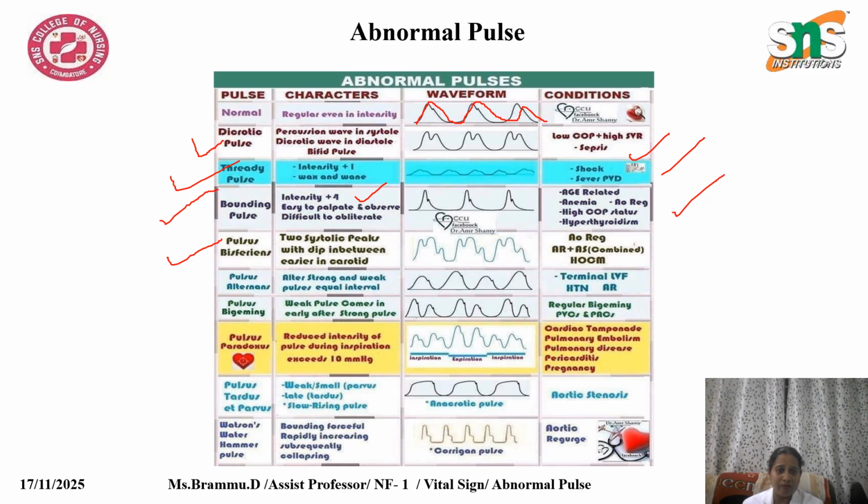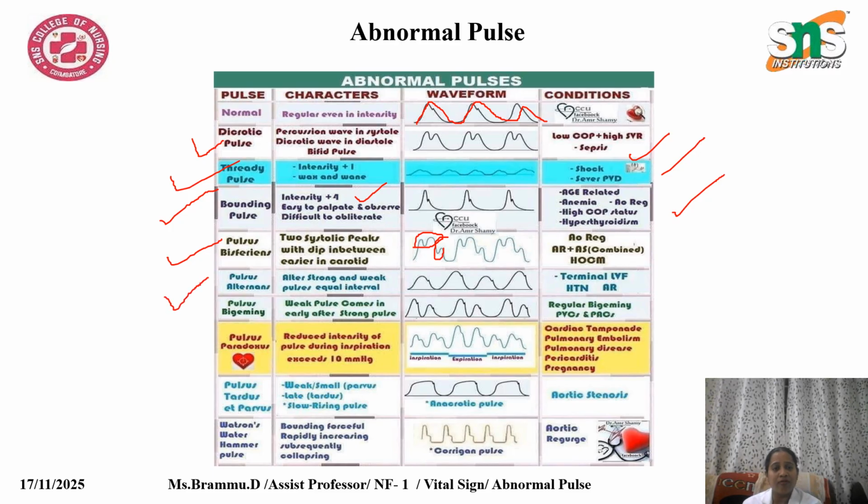The fifth type of pulse is bisferiens, where there are two systolic peaks. You can see the two systolic arches with the dip in the diastole. This is mostly seen in cases of valvular defect, such as aortic regurgitation, or aortic regurgitation combined with aortic stenosis, or it can also be seen in certain cases of heart failure.